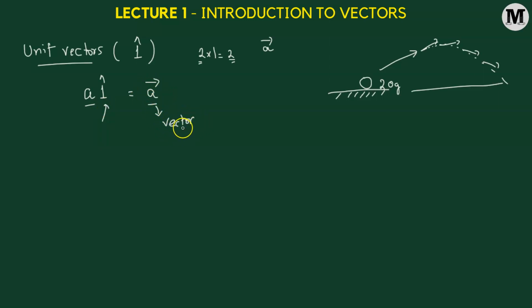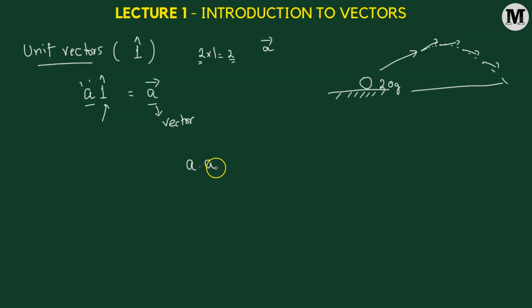Right? And this vector is going to have a magnitude same as that of the original scalar number, and since it's a vector, it's going to have a direction, and its direction is going to be the same as that of the unit vector. So the definition of a unit vector is that if we take a scalar and multiply it with some unit vector.